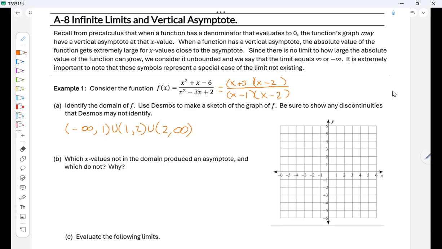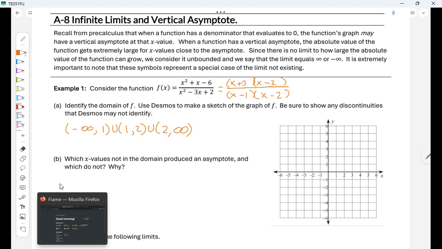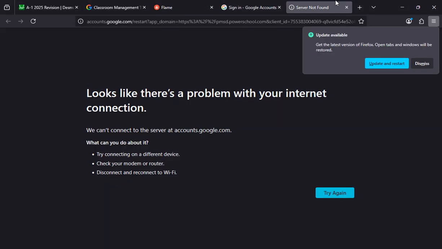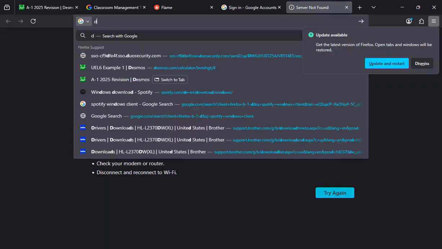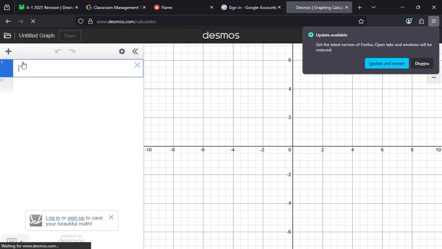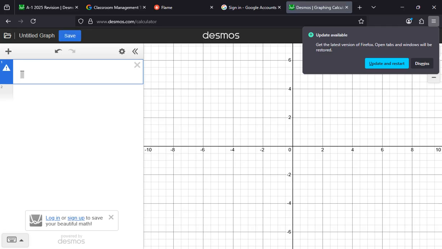The next thing we're going to do is open up Desmos and sketch a graph of this. Blank Desmos. All right, so we have x squared plus x minus 6, and I used a capital X somehow.